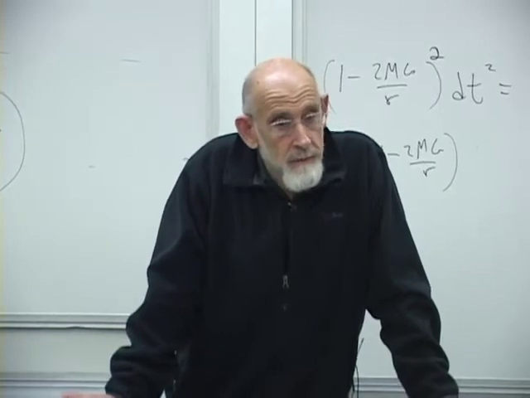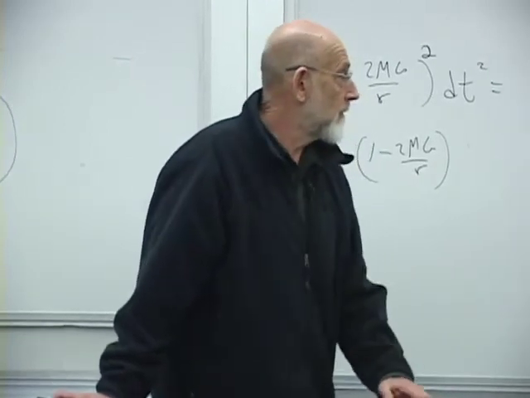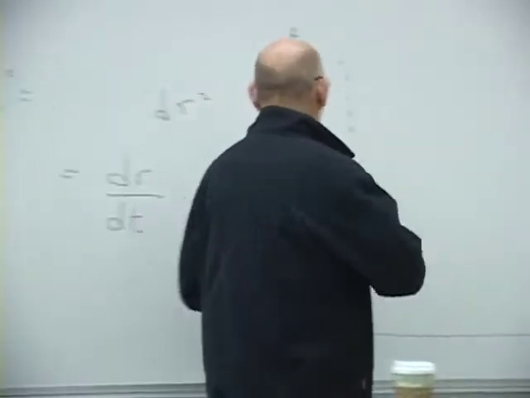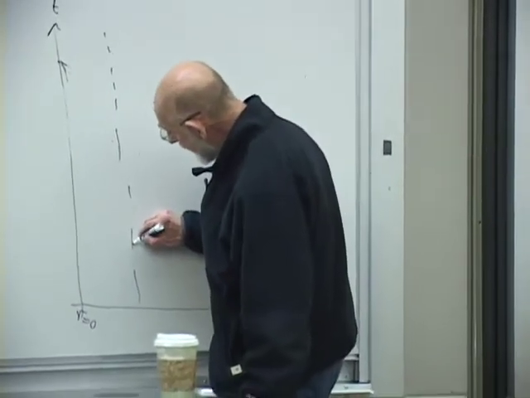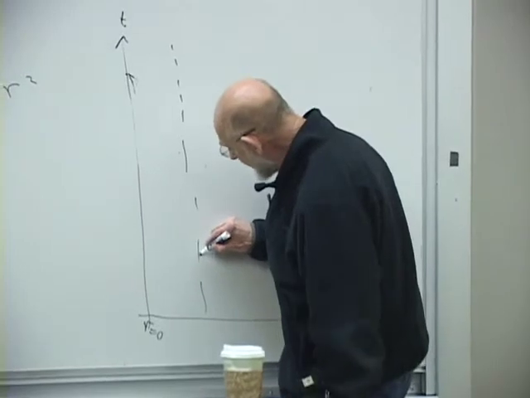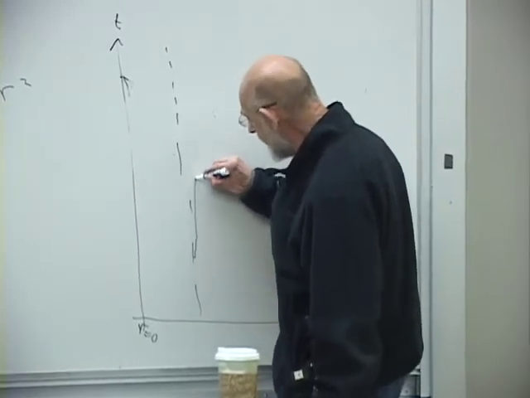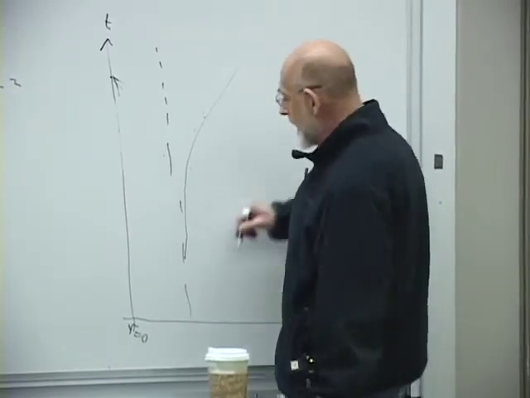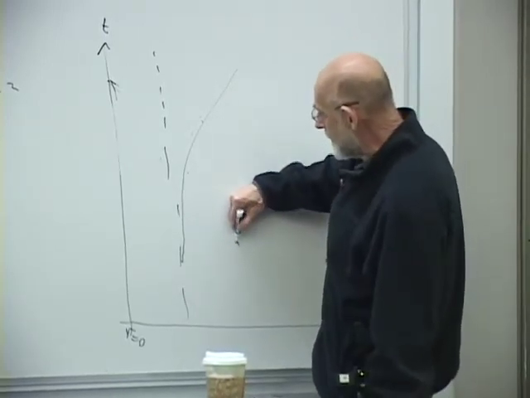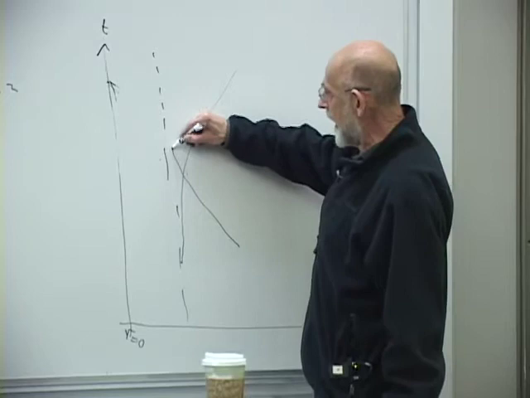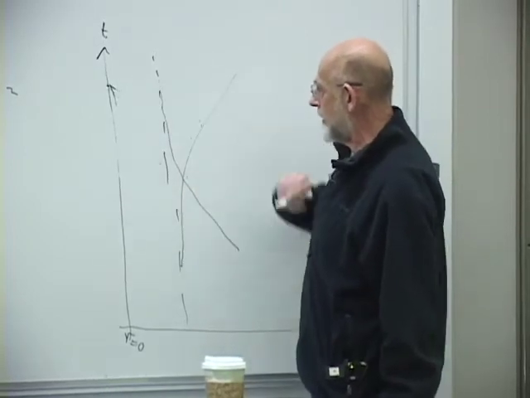Right. Could you draw an incoming light ray again on the right there? Yeah, okay. First of all, I drew an outgoing light ray, and an outgoing light ray just sort of started very close to the horizon here. It sticks. It doesn't want to go anywhere, and then eventually it goes off. The incoming light ray does just exactly the opposite. It starts to fall in, and then asymptotically gets closer and closer to the horizon, never quite getting there.